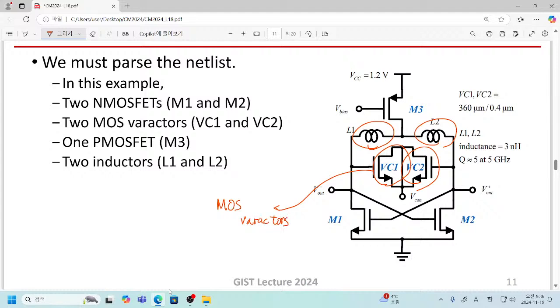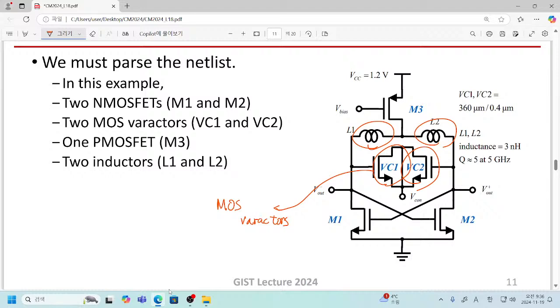Varactor means variable capacitor. This is nothing but a MOSFET whose source and drain are connected together, so it works as a capacitor. When we have proper values of its substrate bias, we can use it as a variable capacitor.